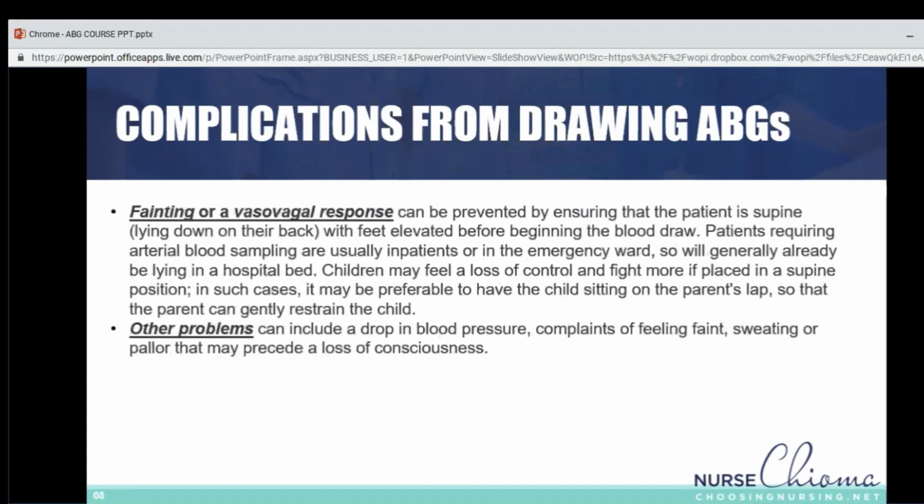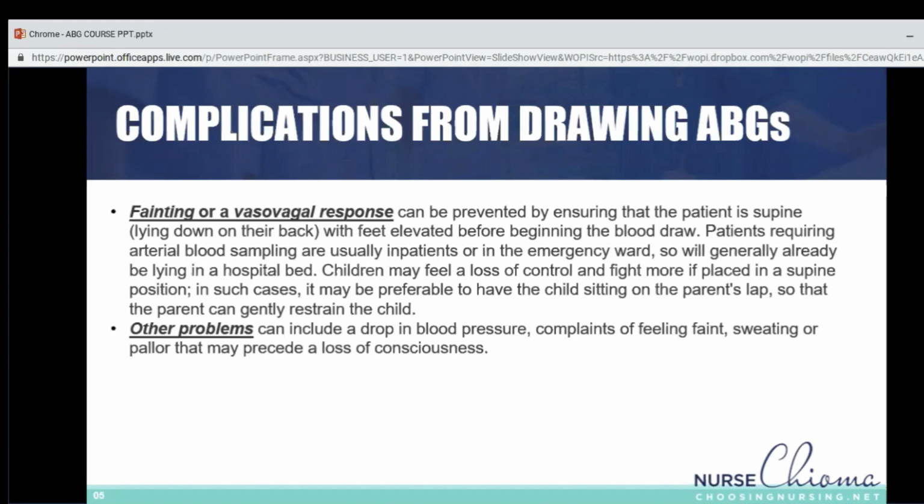More complications we can see are fainting or a vasovagal response, which can be prevented by ensuring that the patient is supine, lying down on their back with their feet elevated, before beginning the blood draw. Patients requiring arterial blood sampling are usually inpatients or in the emergency ward, so they will generally already be lying in a hospital bed.